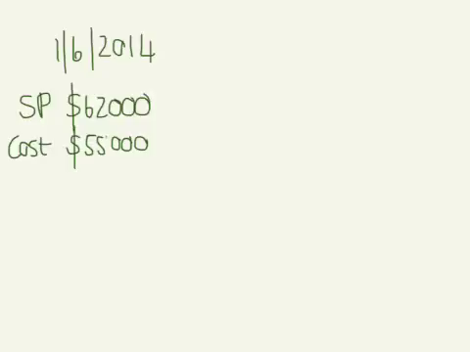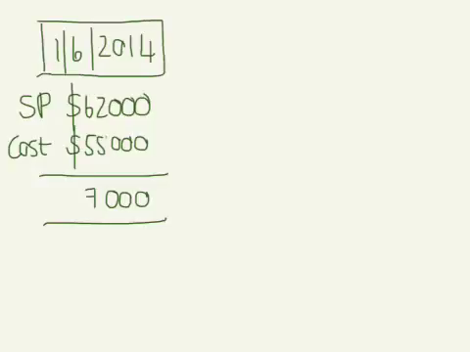So from a group perspective, the combined results, when combining the subsidiary and the parent company's results, include an unrealized profit of $7,000, which needs to be adjusted for. What is relevant from the information given to us is the fact that the transfer took place on the 1st of January.